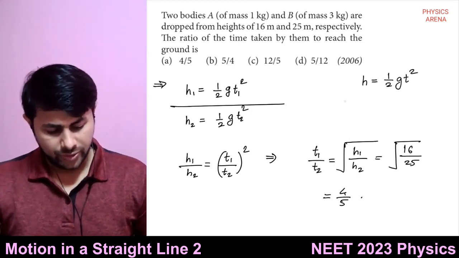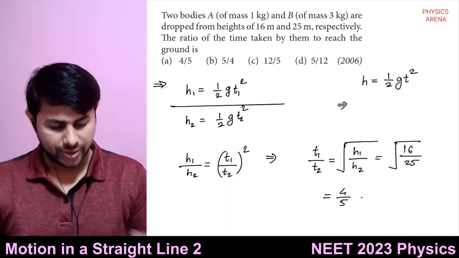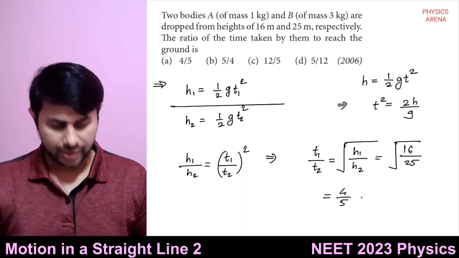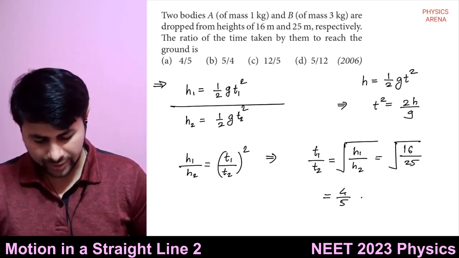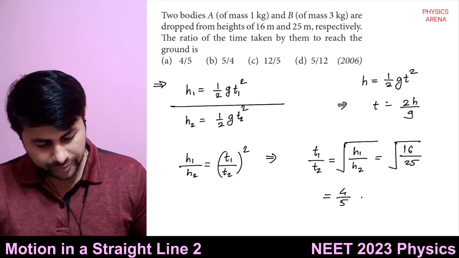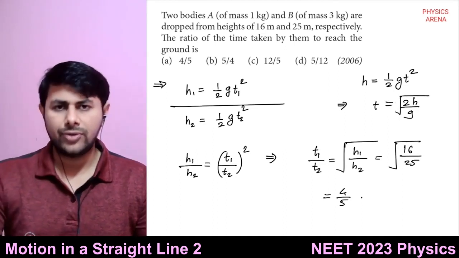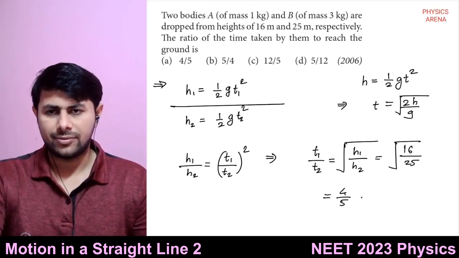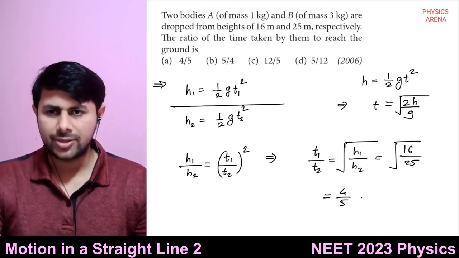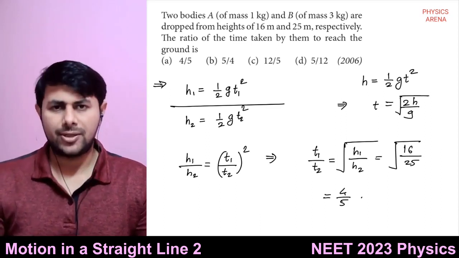Taking half and g to the other side, you get t square is equal to 2 times h divided by g, and if you take square root of that, you will get t equals square root of 2h divided by g. If you remember this formula, it will be simpler to solve.